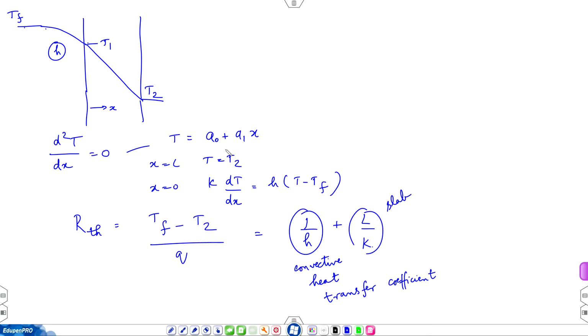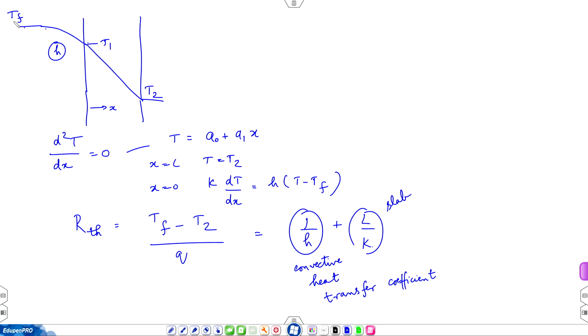You can also notice that the contribution of the convective heat transfer coefficient becomes small if h is very large, and h becomes very large when fluid velocities become large. So, if you have a very intensely mixed region, you are stirring it in some form, let us say, then velocity is high, h is high, and that resistance due to convective motion of gases will be small, which means that this temperature drop from Tf to T1 will be very small.